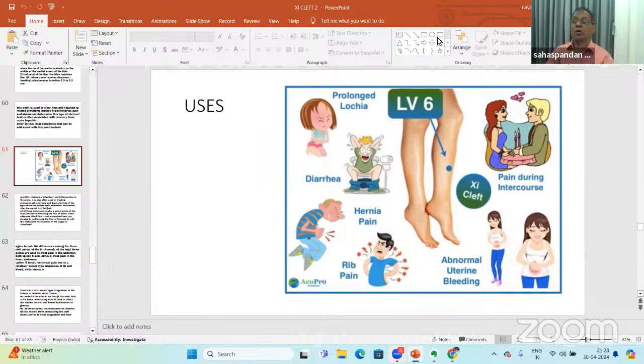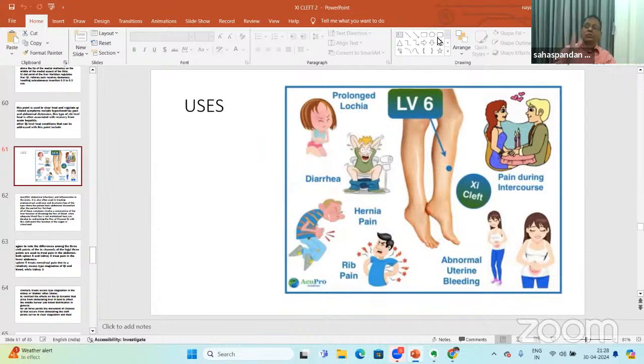This cleft point of the yang heel vessel is most often used to clear the head. Clinically, this always involves patterns involving headache, dizziness, chakkar aata hai.